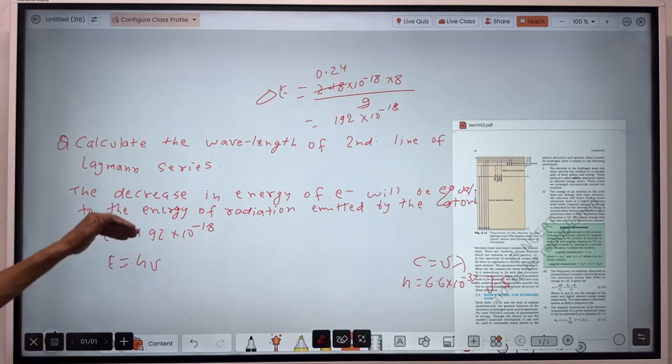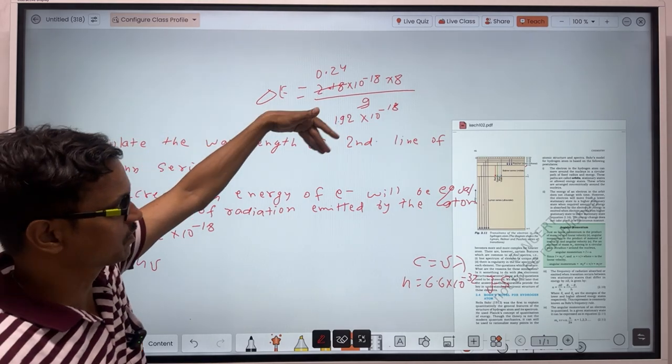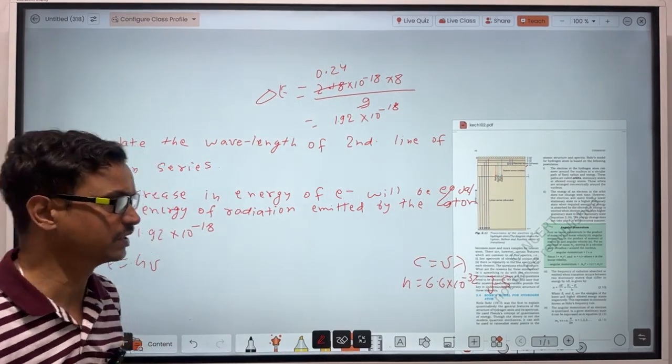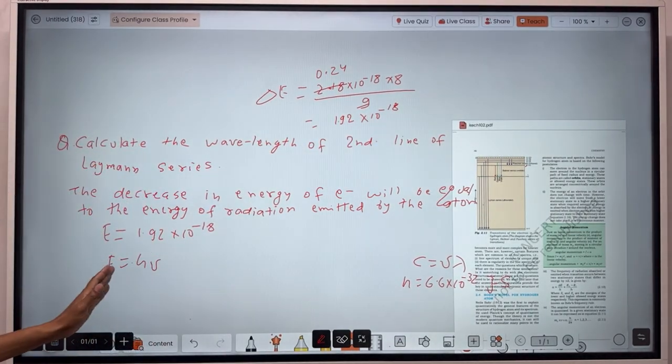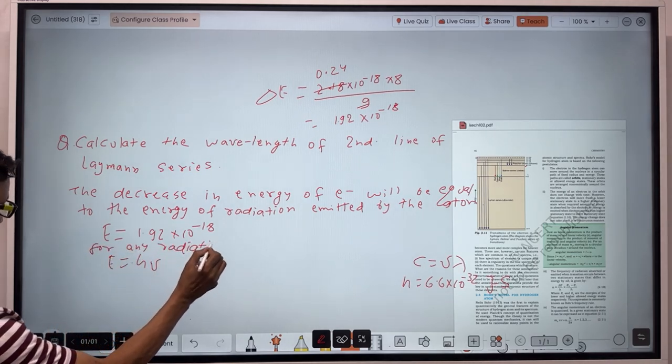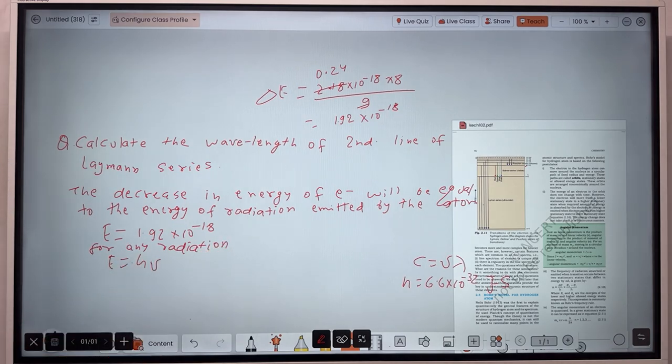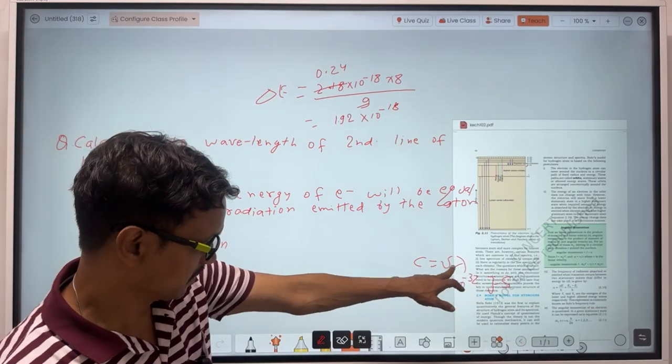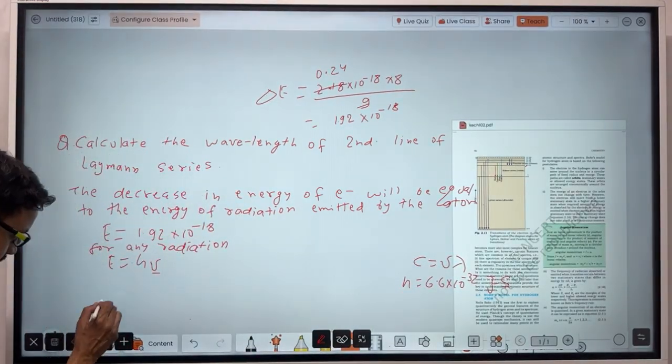Okay, so the energy of that radiation is 1.92 into 10 to the power minus 18, because the decrease in energy of the electron is 1.92 into 10 to the power minus 18. That's why the energy of radiation will be 1.92 into 10 to the power minus 18. And you know, for any radiation, E equal to h nu, and nu equal to c by lambda.